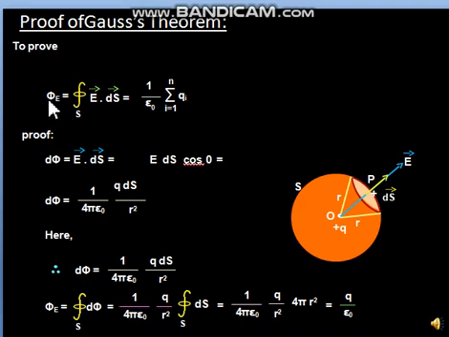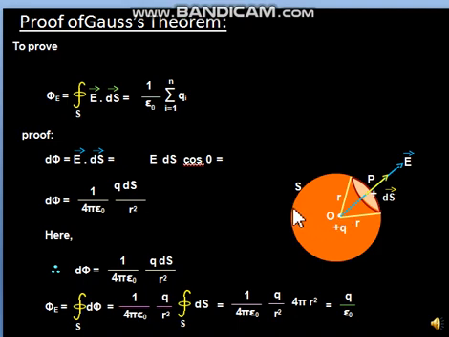So for proving, we need to calculate the flux through any surface around any charge. So what we will do, see in the diagram, we have to take a charge plus q at point O. Now our target is to find the electric flux through any surface.